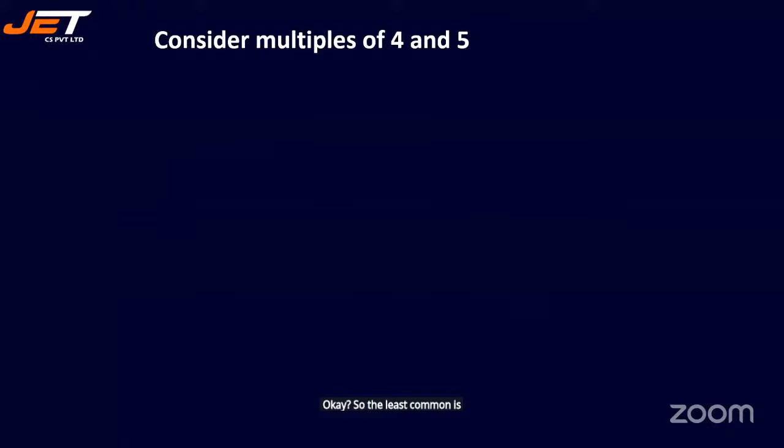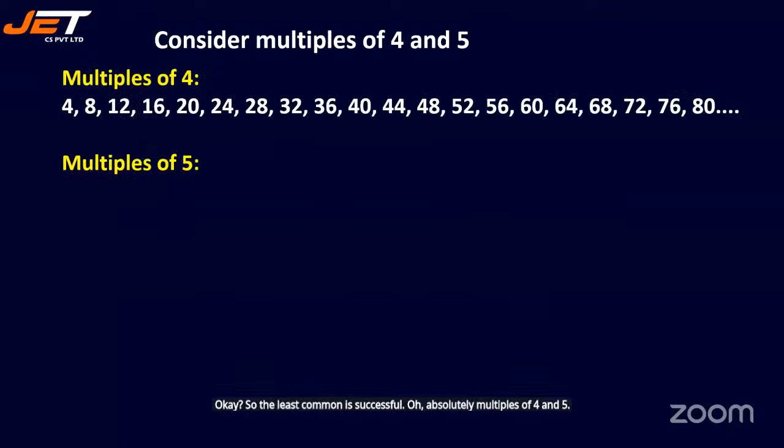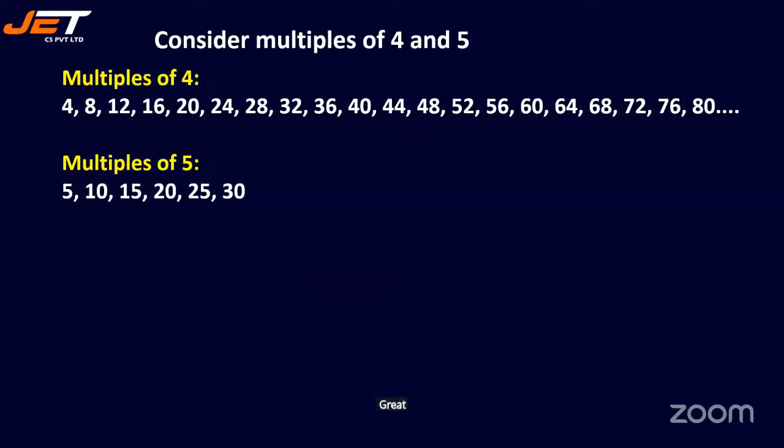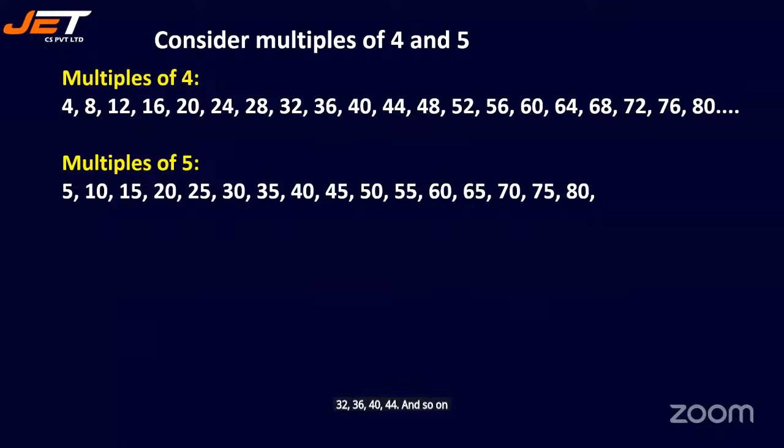All right. So consider multiples of 4 and 5. Multiples of 4 are 4, 8, 12, 16, 20, 24, 28, 32, 36, 40, 44, and so on. Okay, so it's infinite numbers.